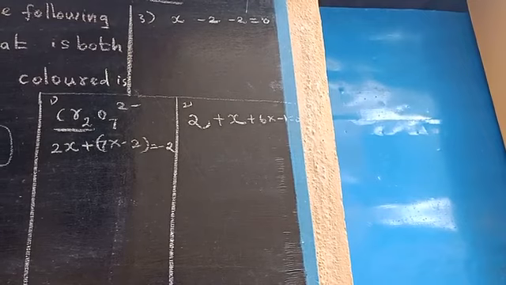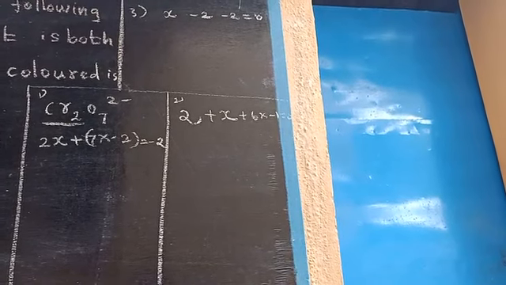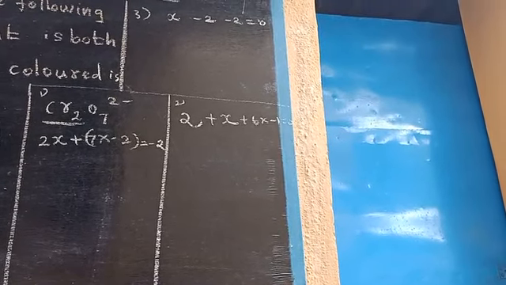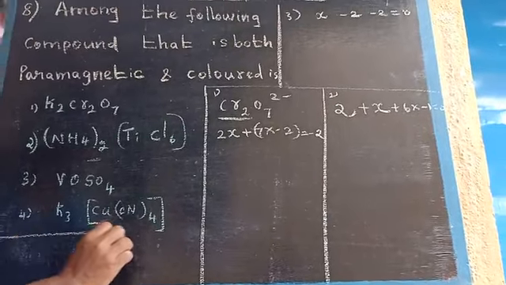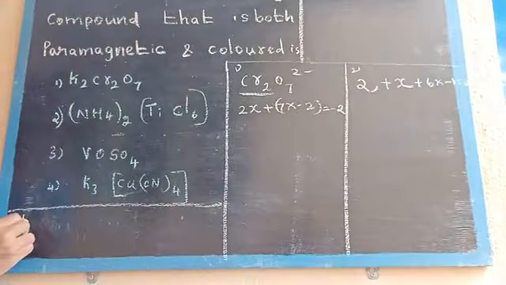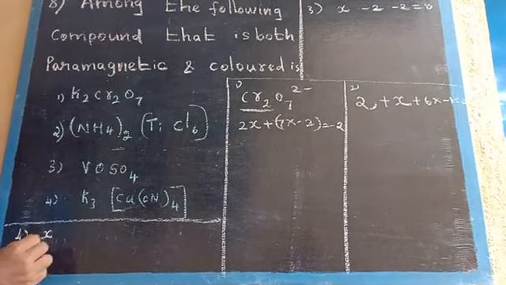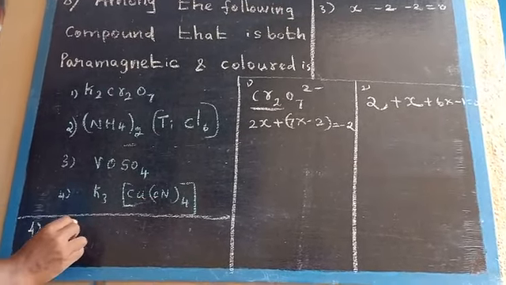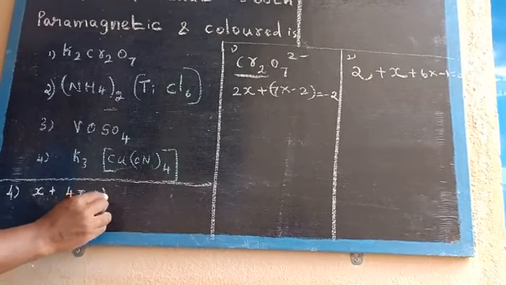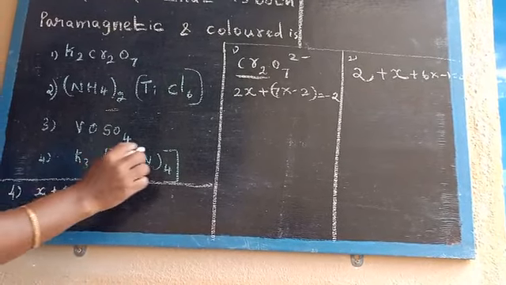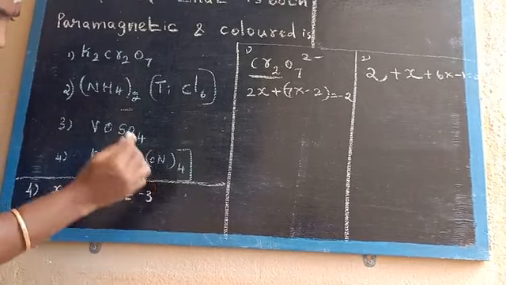Next, the fourth one, here also we split: plus as well as minus. So potassium plus, and this one minus, 3 plus 3 minus. Now write the fourth one: Cu considered as X, cyanide 4 times minus 1, so 4 into minus 1 equals minus 3. Okay, children.